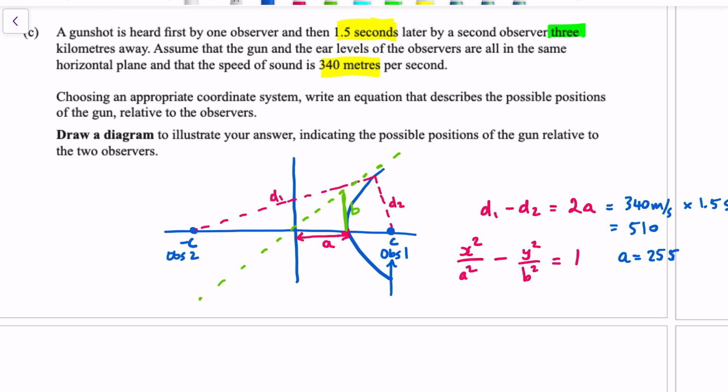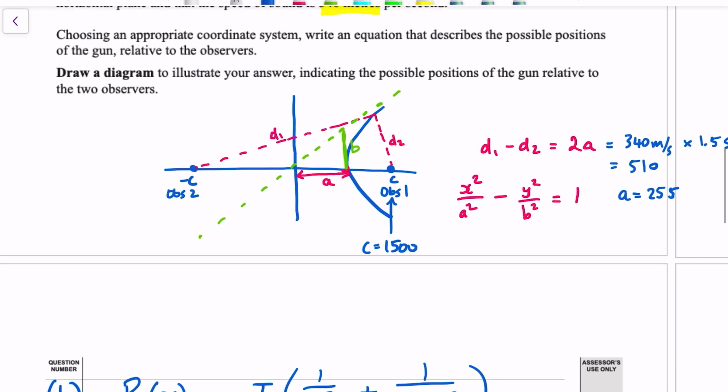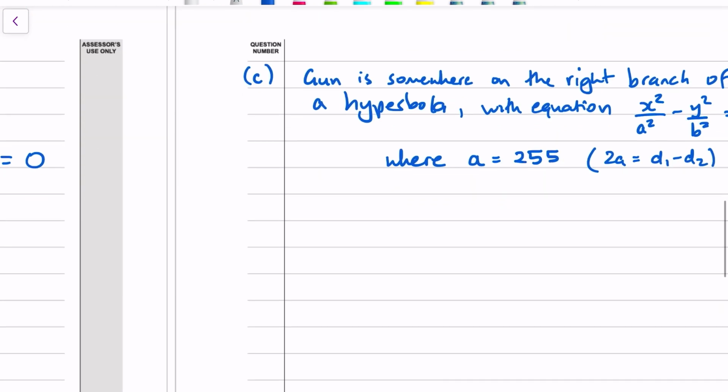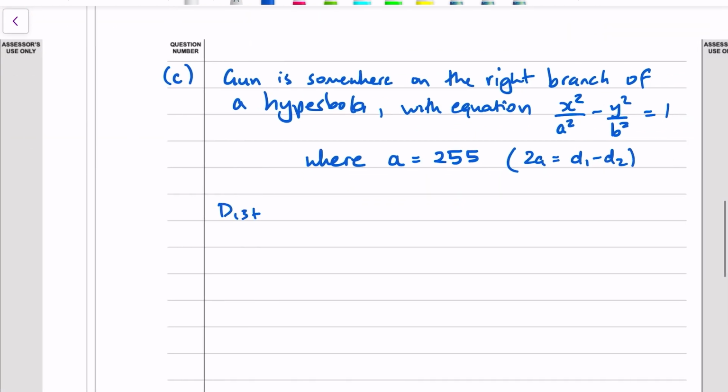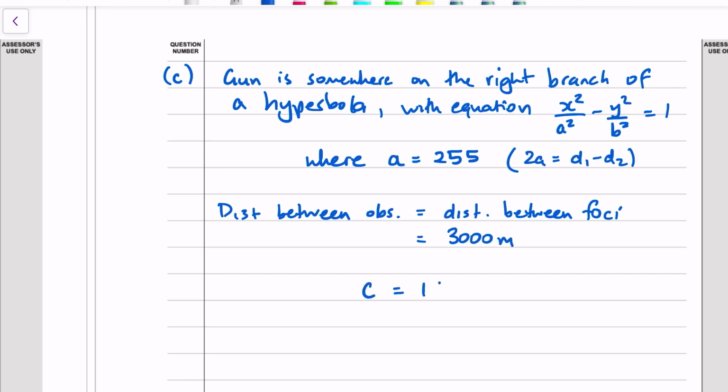The C value here is equal to 1500 meters. Okay, so I could say something like the distance between observers equals the distance between the foci equals 3000 meters. So C is equal to 1500 meters.